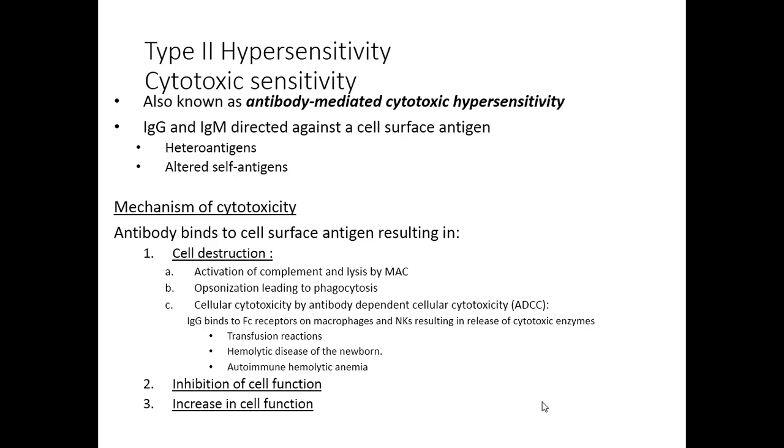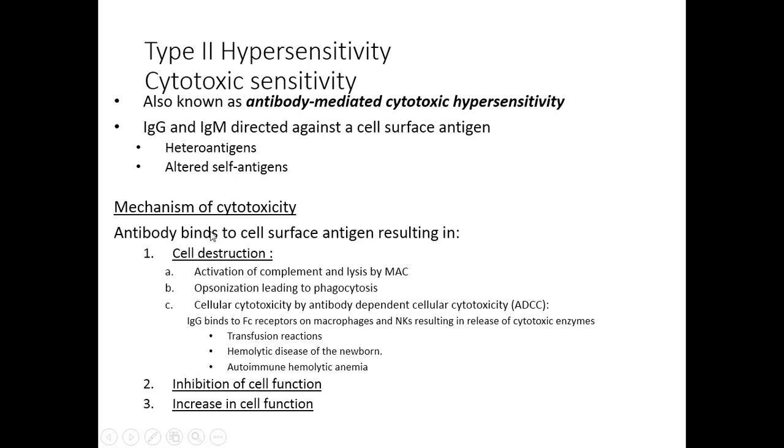So, how does this work? The antibody binds to the antigen on the cell surface, and it results in cell destruction. There are a couple of different ways. The first is by the activation of complement and lysis by the membrane attack complex, the MAC. We know that both IgM and, to a lesser degree, IgG can activate complement, so that can cause cell destruction.